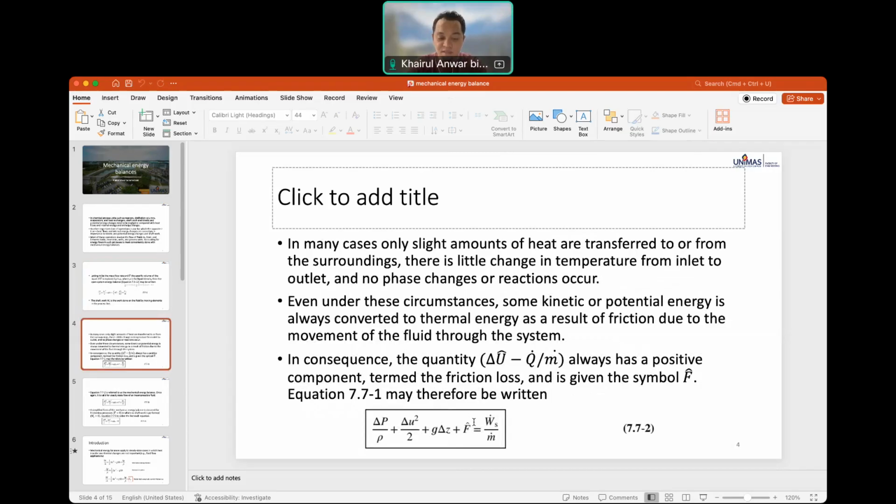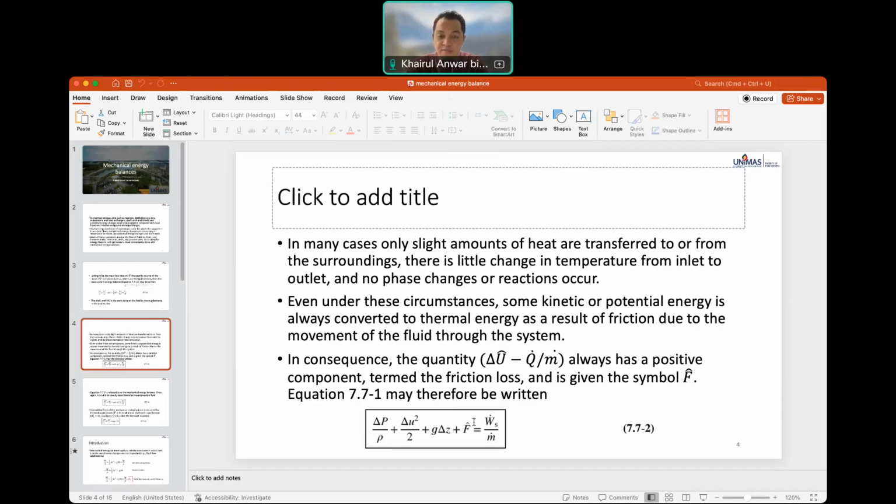Even under this circumstance, some kinetic or potential energy is always converted to thermal energy as a result of friction due to the movement of the fluid. So the quantity delta U over m always has a positive component, termed the friction loss, given the symbol F. Equation 7.7-1 may therefore be written as 7.7-2.